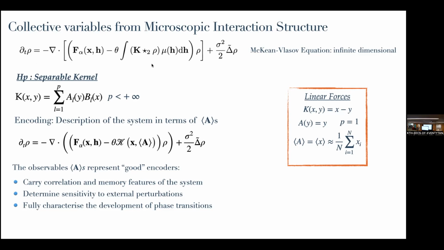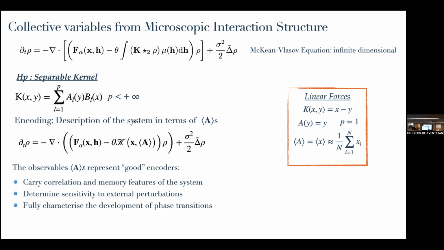But we realize that if you ask a very simple property regarding this kernel, that it is separable, meaning that rather than being a function of x and y, it can be written as sums of functions that depend only on y and functions that depend only on x. This is, for example, the case for linear forces, forces that depend linearly on your variables, like the synaptic structure we were seeing before, which was linear in the output of the other neurons.